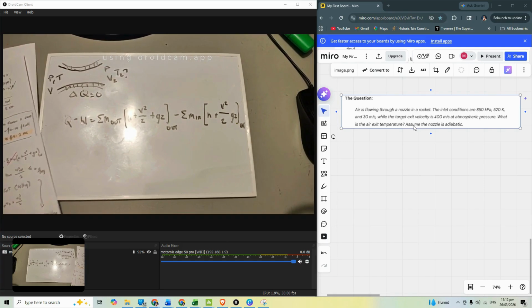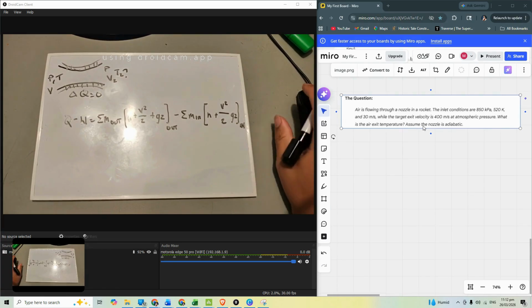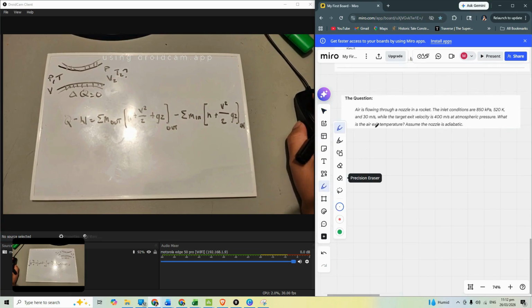So now we're gonna be deriving our formula based on our question. So let's use our marker here. So first we're gonna derive the question. It is flowing through a nozzle in a rocket. We have an inlet and an outlet. There is no given specific mass that's coming in or out.